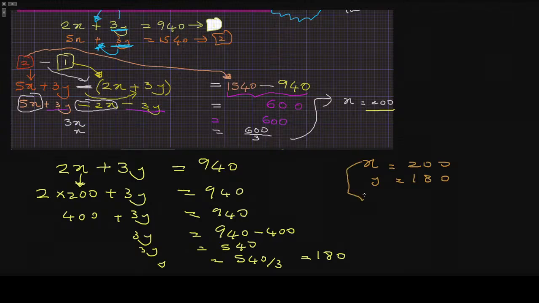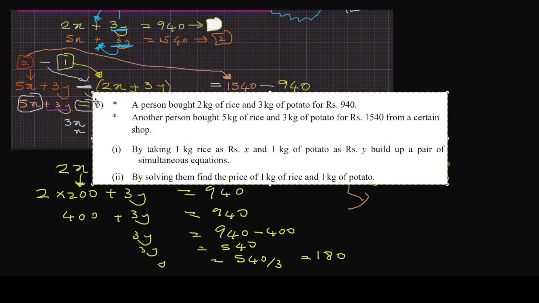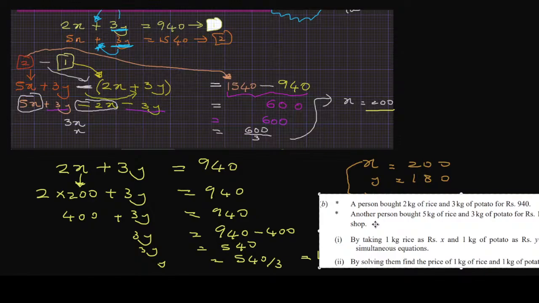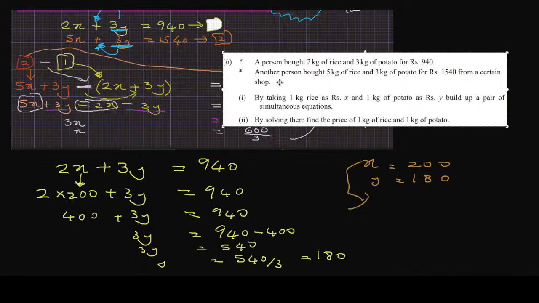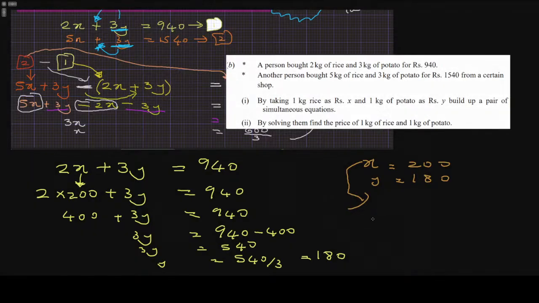So what is x here? Look at the question. What have they given in the question? What is x? Read the paragraph, then you will get to know what x is. Here comes the paragraph. So x is the price of 1 kilogram of rice. So let's write that in words now, so that it's easy for our readers.